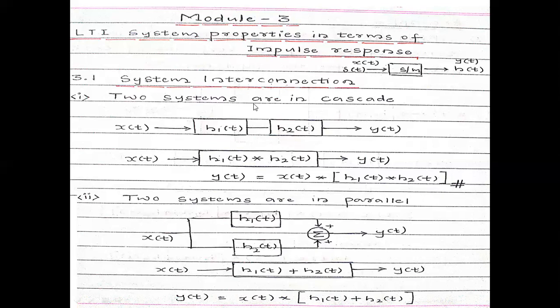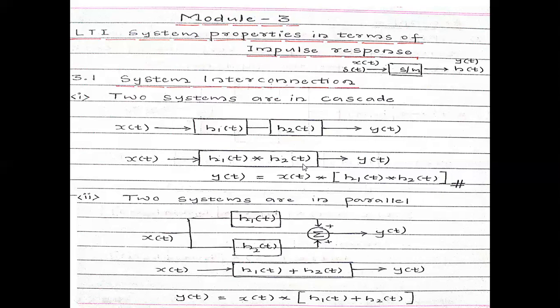Whenever two systems are connected in series, what is the overall impulse response? The overall impulse response is given by h1 of t convolution with h2 of t. Please remember, when two systems are connected in series, their overall impulse response is given by h1 of t convolution with h2 of t.